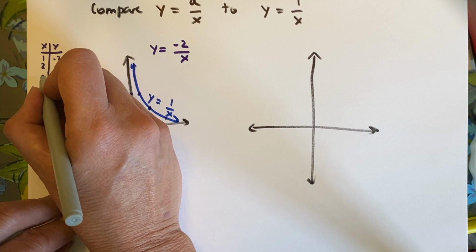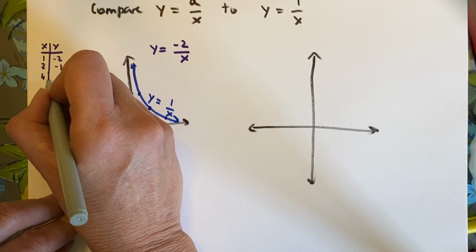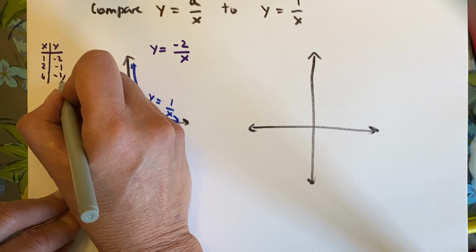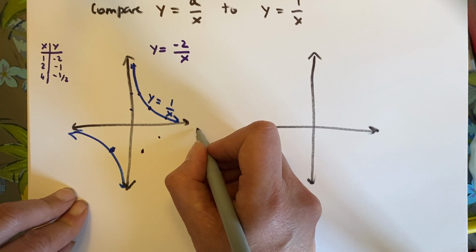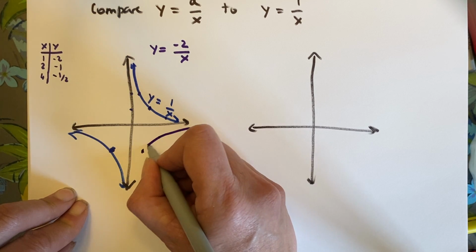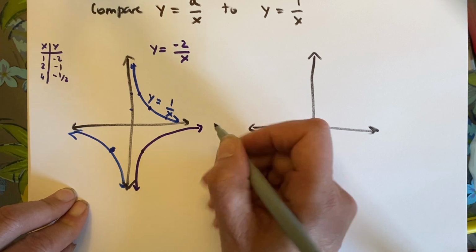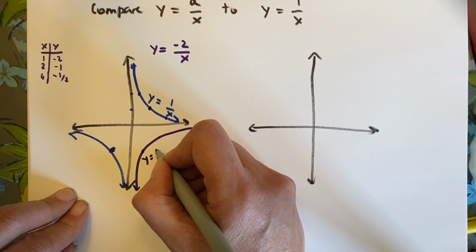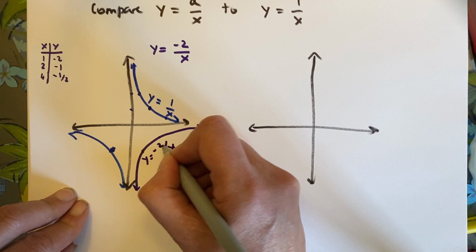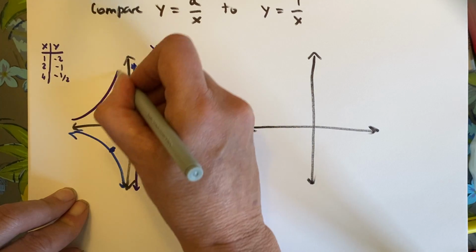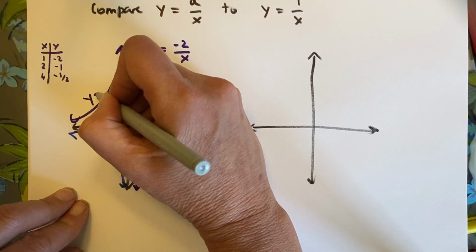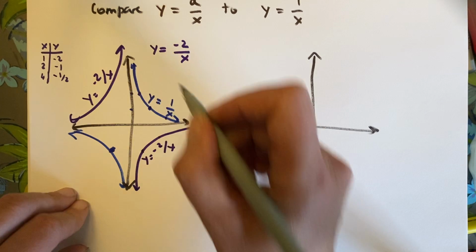If x is 4, y is -1/2. So essentially, this is going to be y equals -2 over x, and same thing over here.